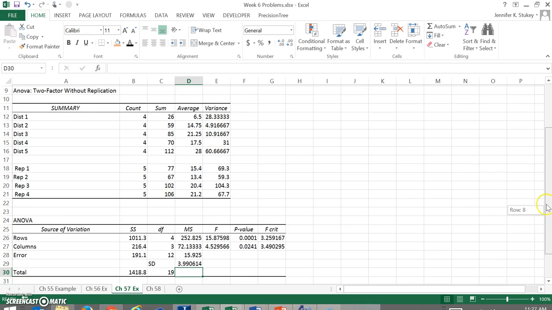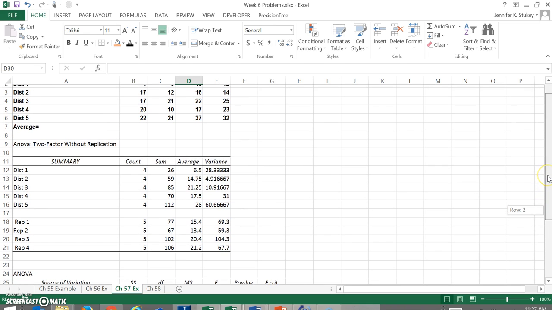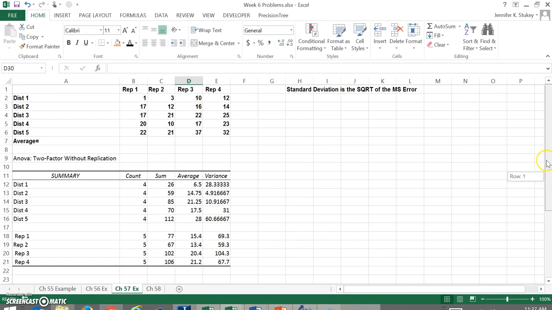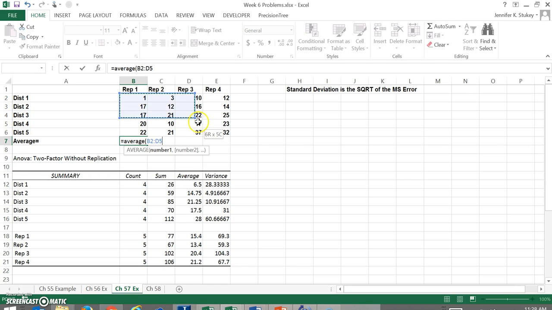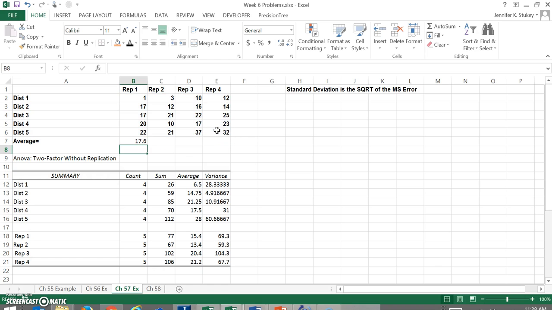The next thing we've got to do is see how each of these varies from the average. So we need an overall average of all your data. I'm just going to type in average, select the entire block of data, and when you do that, you should get 17.6.